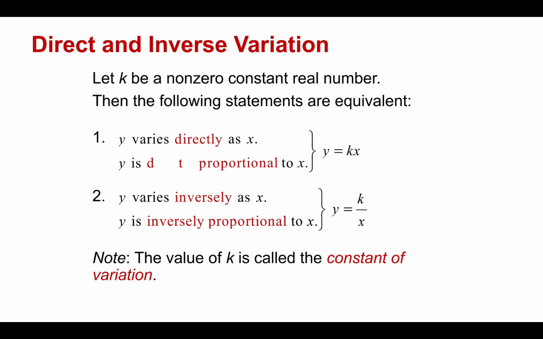Y varies directly as x, which would be y equals k times x. So y varies directly as x. So directly as x is saying that there's a k that's going to multiply our x. And that's why we get kx.